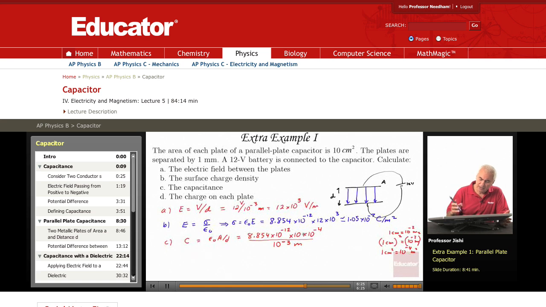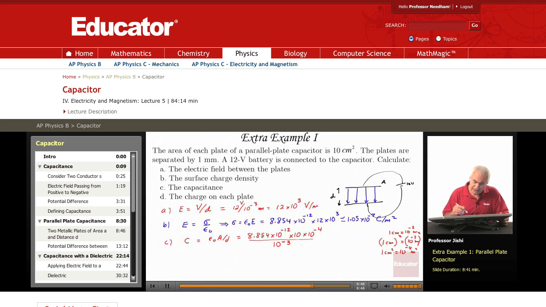That's just 1. I don't need to put units here, since everything is in SI. As long as everything is in SI units, you don't need to include them here, but you just put them at the end.